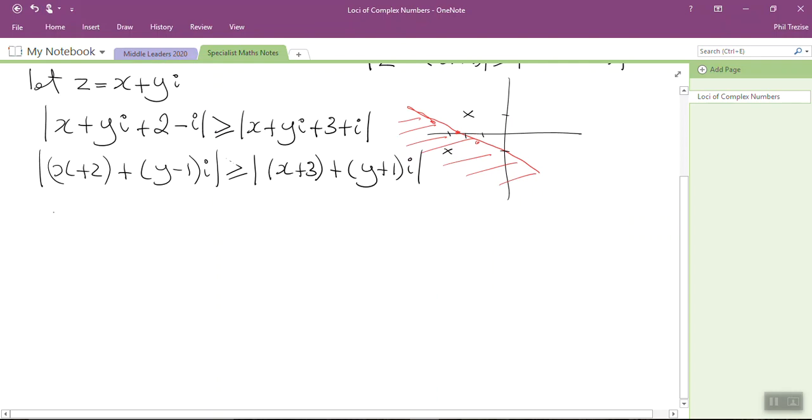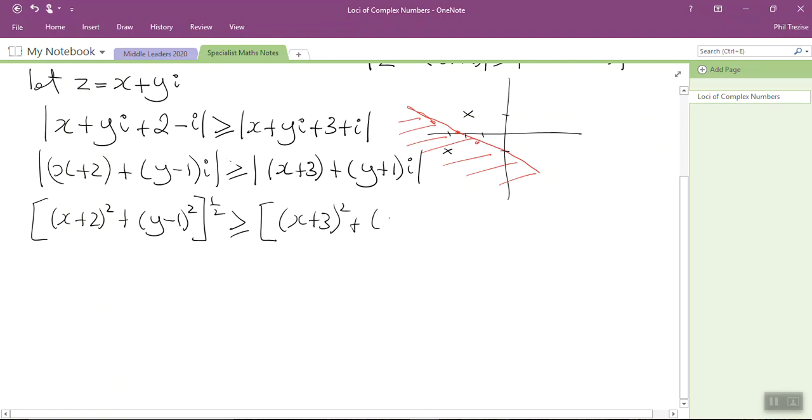So the mod is, of course, (x plus 2) squared plus (y take 1) squared, all to the power of a half. Then we have over this side (x plus 3) squared plus (y plus 1) squared, all to the power of a half. Now if we were to square both sides, the powers of a half would disappear.